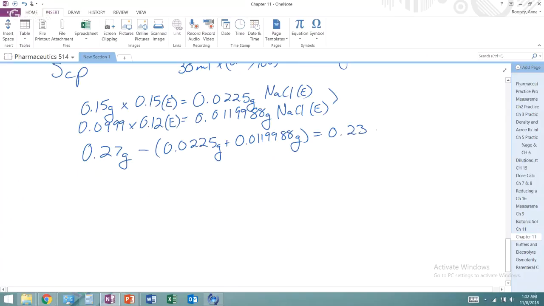So why would you want to make something isotonic? Well, first off, this is going in somebody's eye. If I just dumped a whole bunch of water in your eye, you would notice it. It would irritate your eye if anybody has ever tried to wash out their eye.